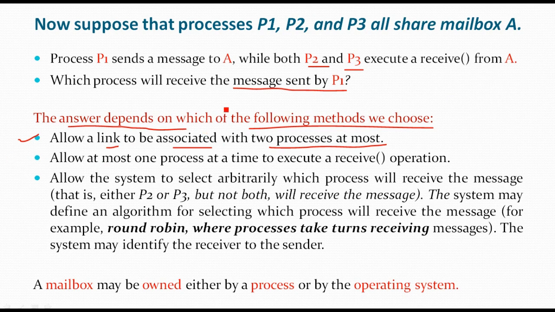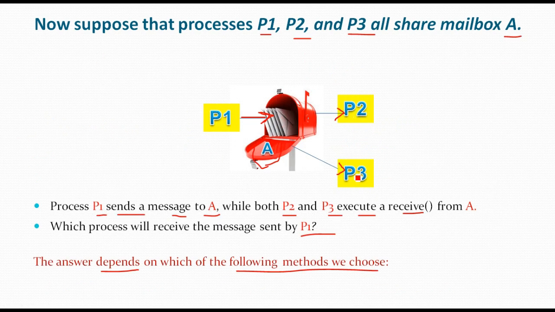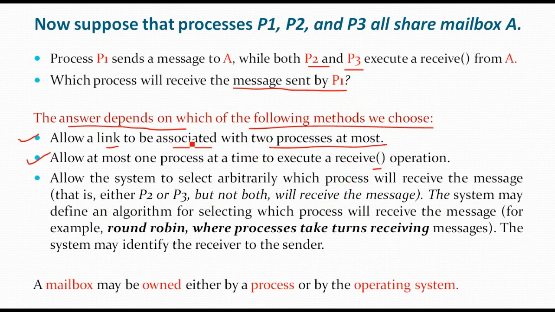The second method says to allow at most one process at a time to execute a receive operation. Both P2 and P3 execute a receive from A, but we have to allow at most one process at a time to execute the receive operation.